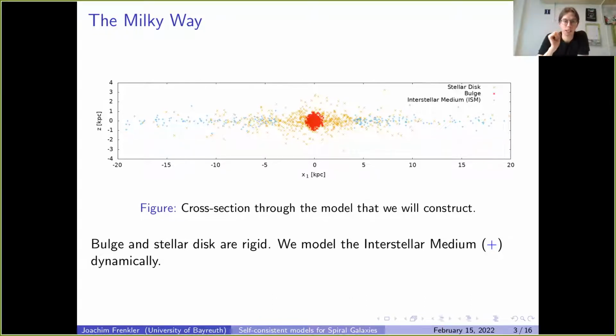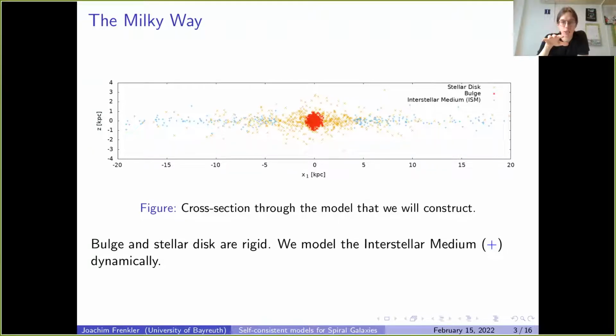But this would be a bad idea, because models in which all mass is moving on perfectly circular orbits are highly unstable. Such a model destroys itself very fast. So it's important that we have at each position in the disk a dispersion of velocities. And this is what makes things a bit difficult.